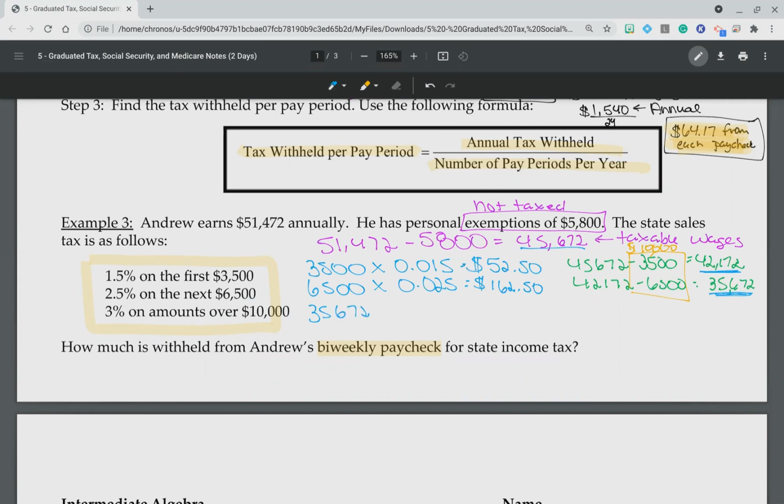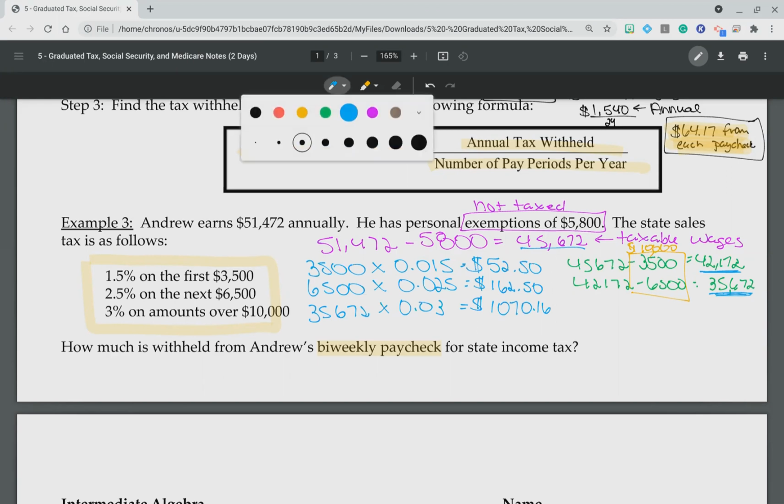So that's the number I'm going to multiply by the 3% tax rate. If I type that in my calculator, I get $1,070.16.